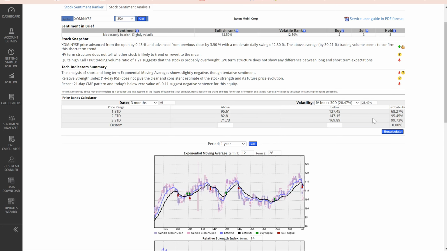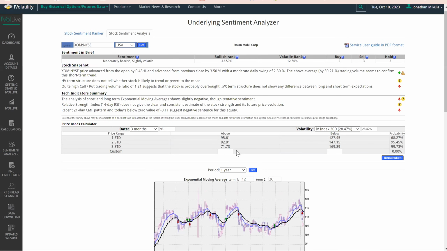But the likelihood of them paying off also gets lower. So that's why you'll see some of those strike prices trade at pennies, because there is a high probability it will stay within that range. But the market makers know that, and they price it accordingly, right? So it's tough to make a profit on 3 standard deviations, for an example. But it's very good to know what the likely trading range of a stock could be.